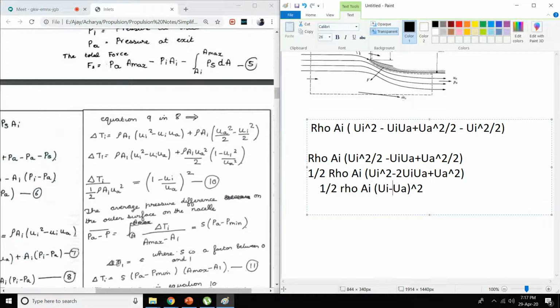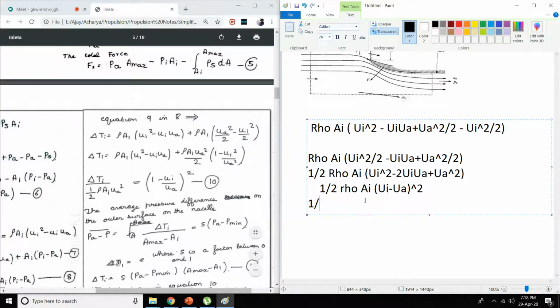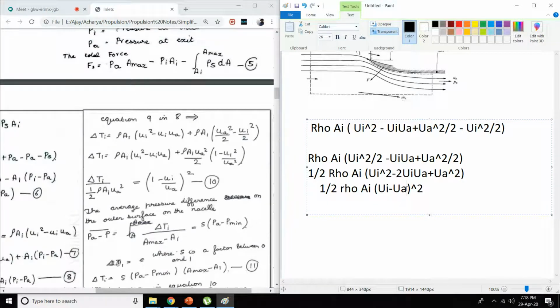After this step, you take Ua common out. One sec, what is being done here? Ui minus Ua square. No, sorry. Inside this, you divide by Ua minus Ua.